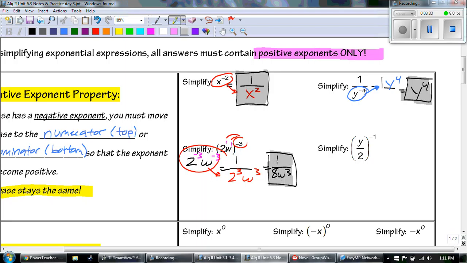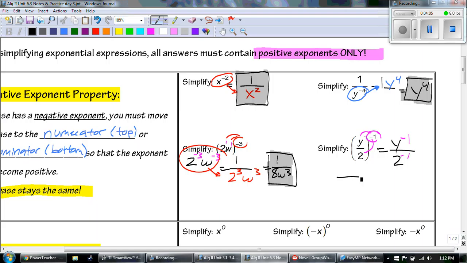Okay. And then finally, that last one, I check to see if I can simplify anything. I can't. So I have to distribute the negative 1. And when I distribute that, I get y and 2. Those stay the same, but I multiply them and it's a negative 1.